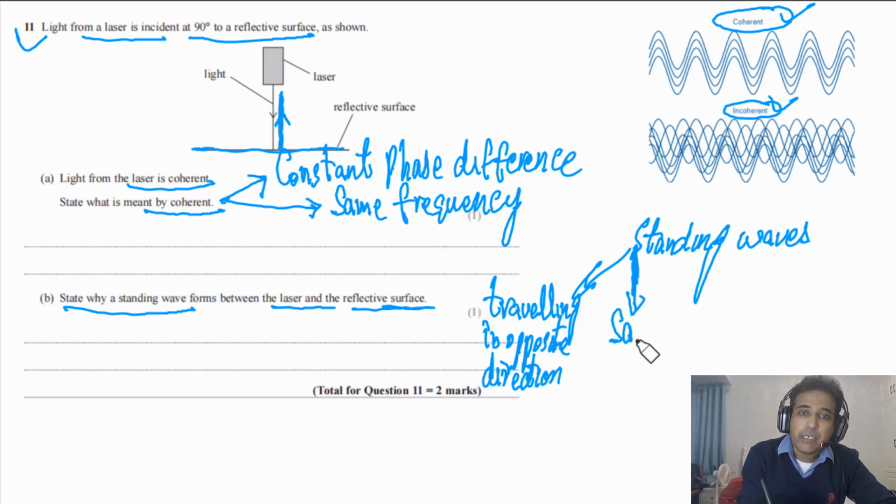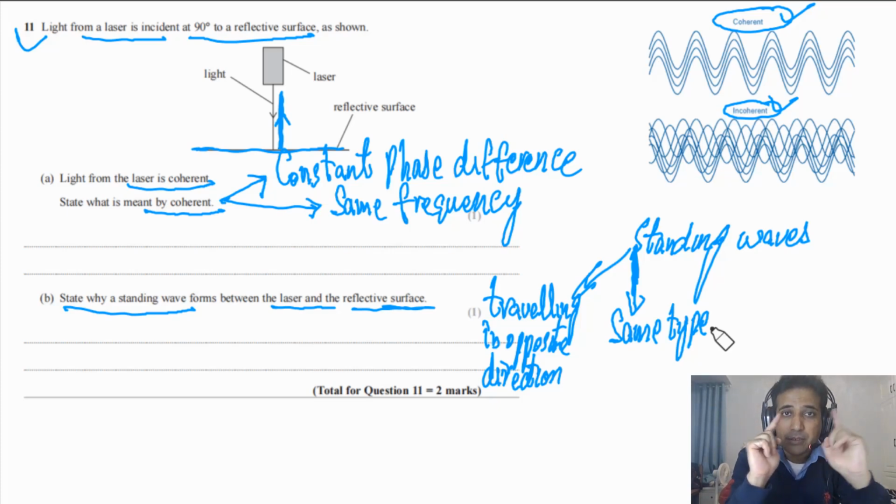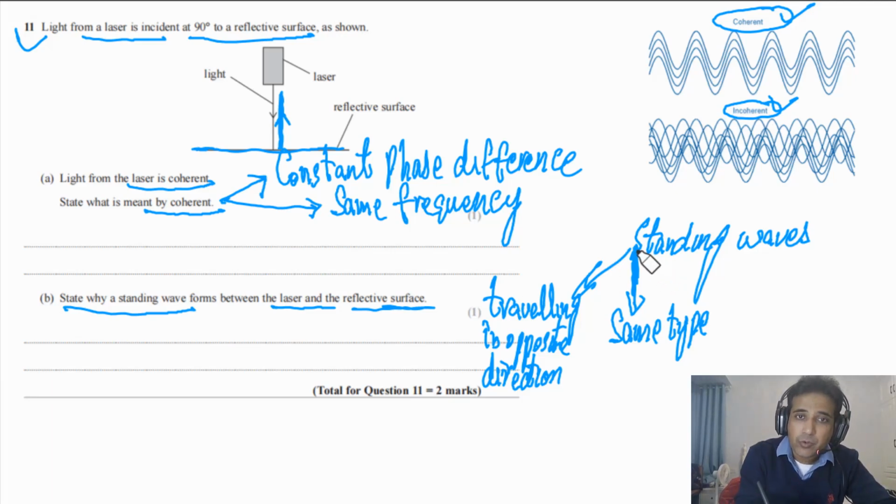Same type of waves means that sound waves can form stationary waves with sound waves, but sound waves cannot form stationary waves with light waves, which are two different kinds of waves. So same type of waves is also very important.